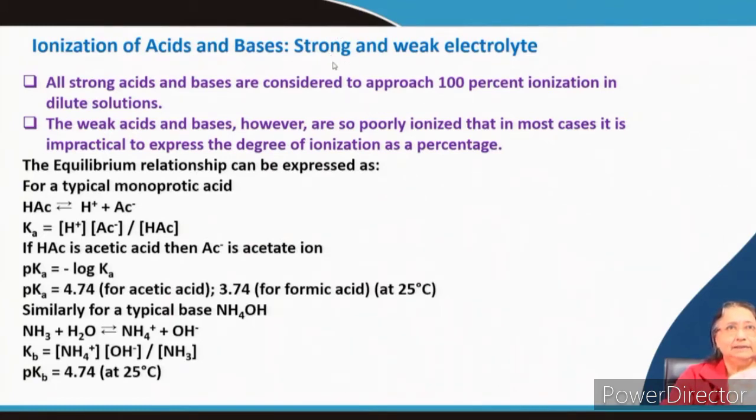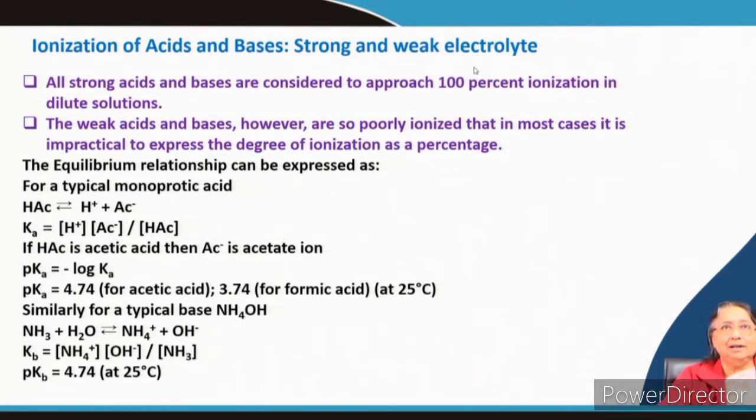That means the acid may be strong or it may be weak. This is not only true for acids, but it is true for bases also. So, there are some strong acids and some weak acids. Those which are strong are called strong electrolyte, and those which are weak are called weak electrolyte.